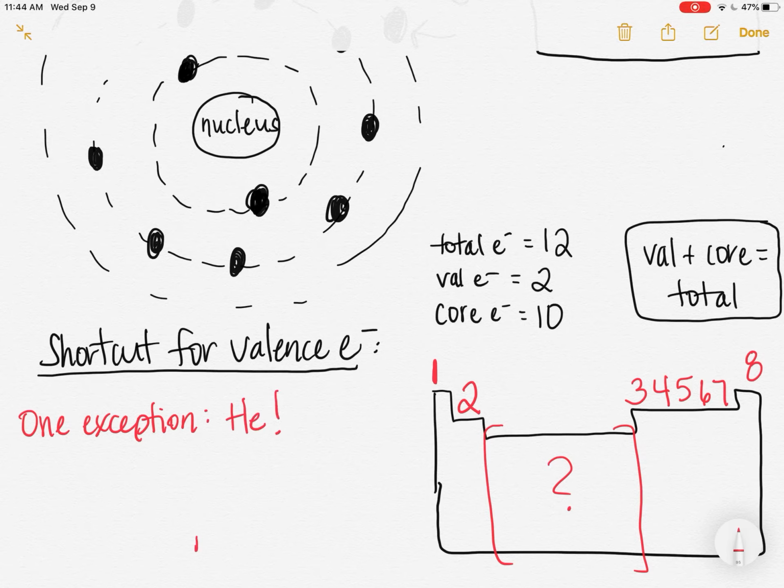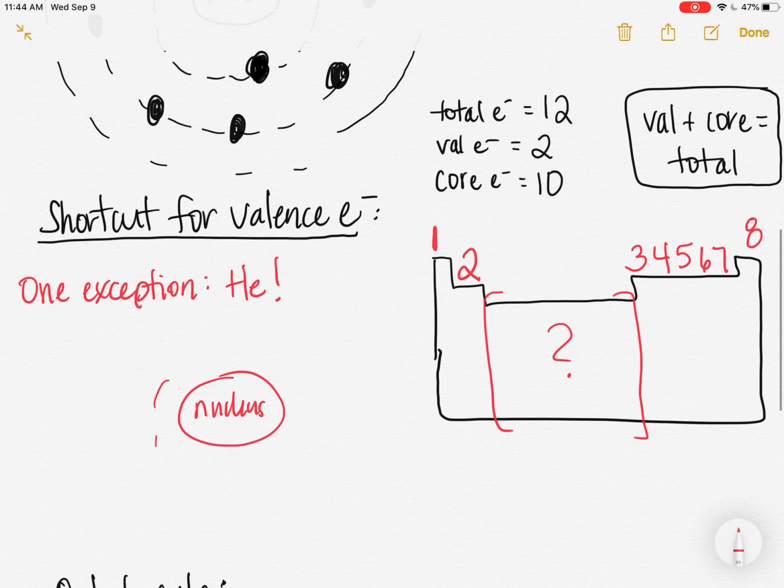If you think about it, helium has 2 protons. So 2 protons means 2 electrons. So 1 electron, 2 electrons. Okay. So his first level is full. And so if I think about how many valence, well, in this case, the valence is my first level electrons. So helium has 2 valence.